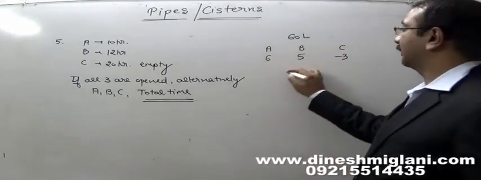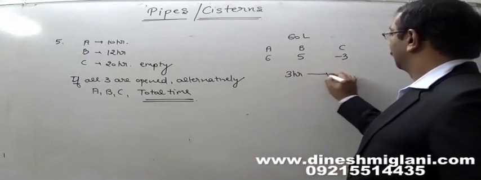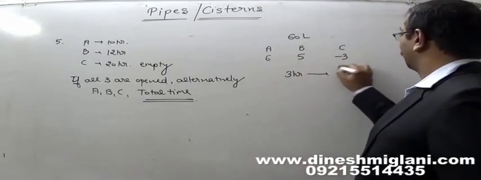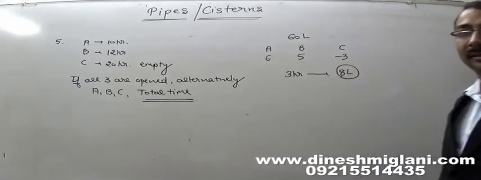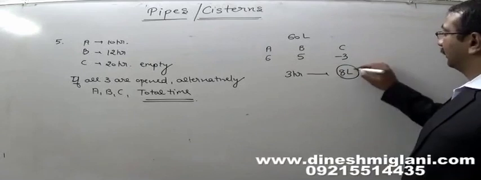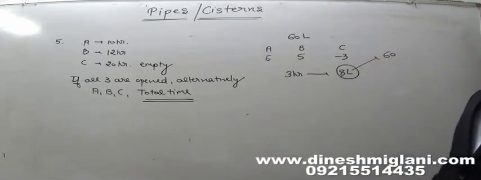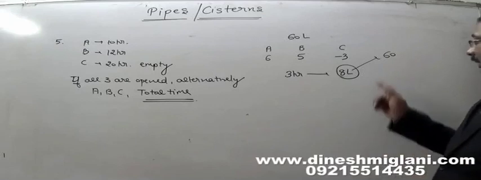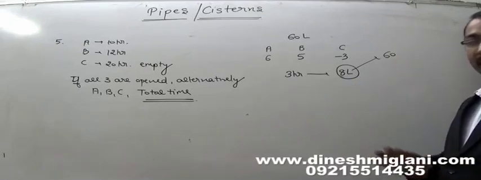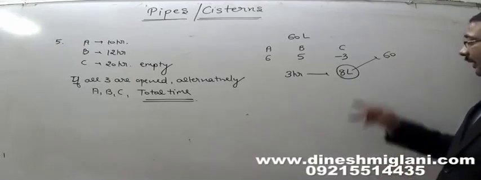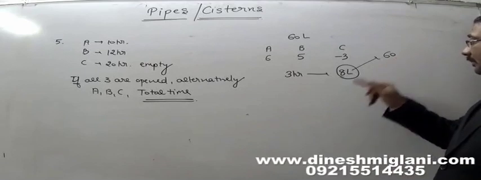It means effectively in 3 hours, 8 liter of water can be filled in the tank. But my target is 60. Now we have two varieties of question here. In the first variety, 60 is not an exact multiple of 8, then we take the closest multiple which is smaller than 60.